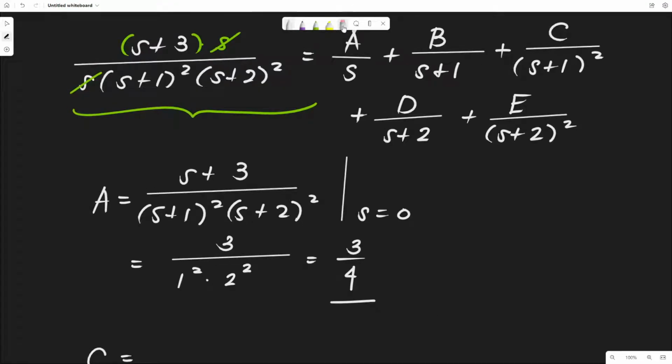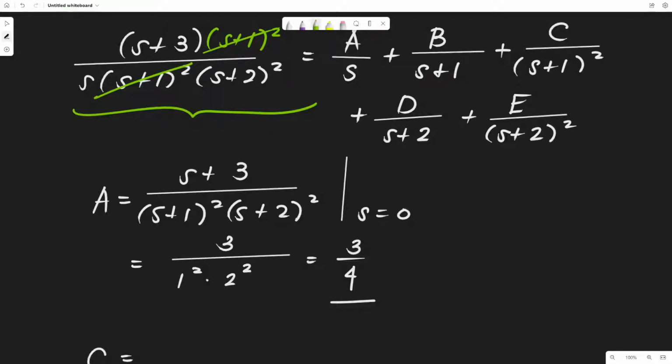Next, anong gagawin natin? Balik pala muna tayo dito before we evaluate. So, magmumultiply ako ng, teka, lagyan ko na ng parenthesis to, magmumultiply ako ngayon ng S plus 1 squared. So, since I already multiplied S plus 1 squared, makaka-cancel.